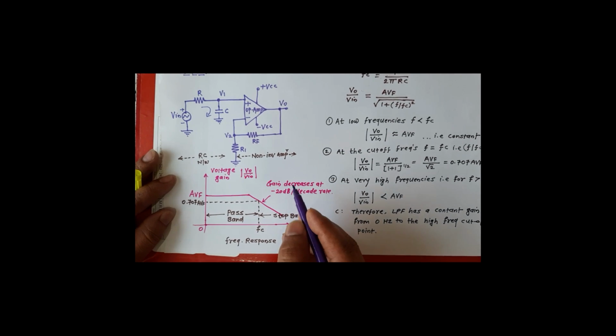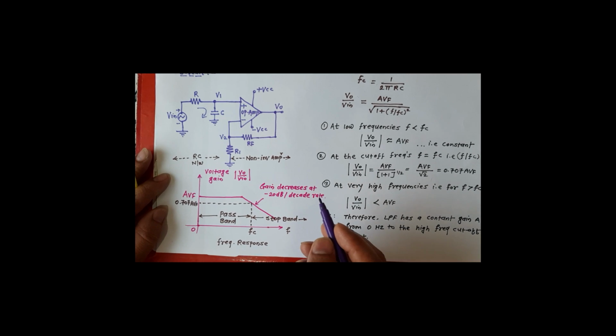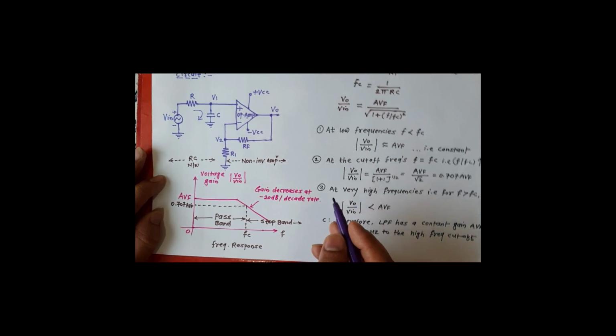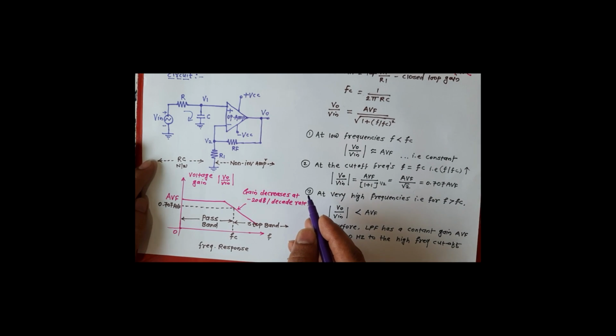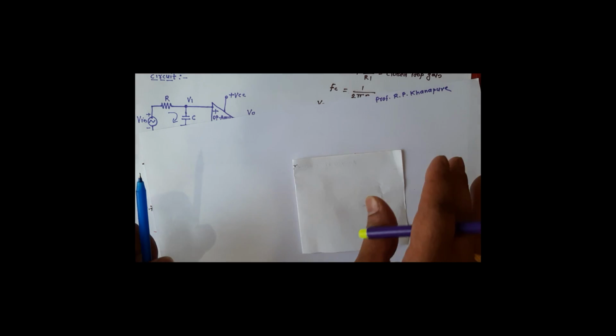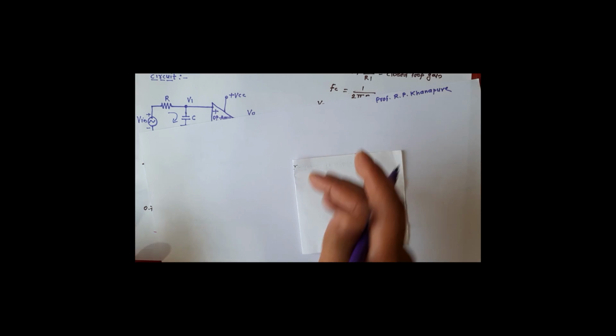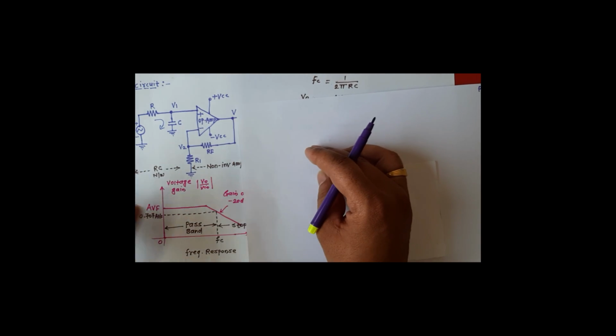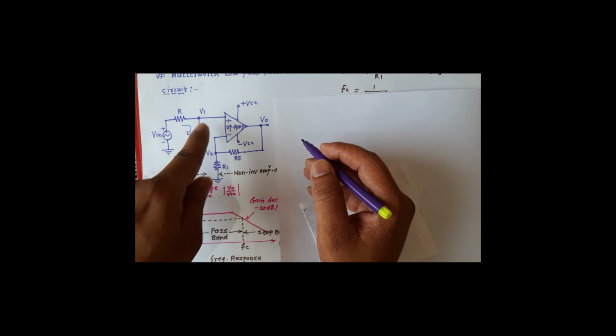Now we will see the output voltage V naught. For that we have to derive one equation. To derive this output voltage, first we have to find the voltage V1.